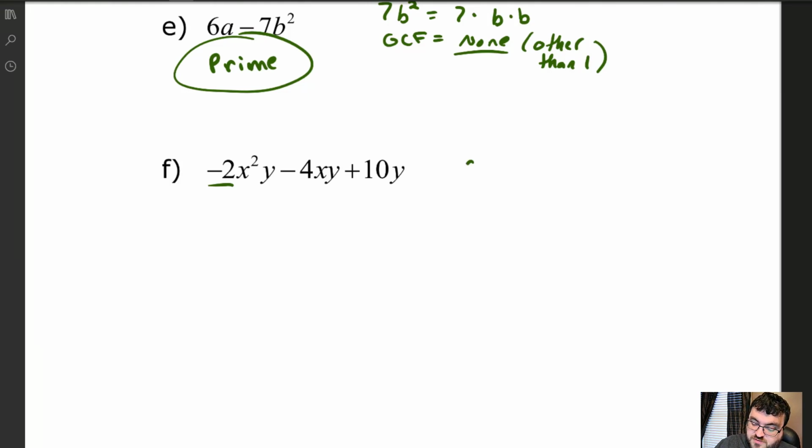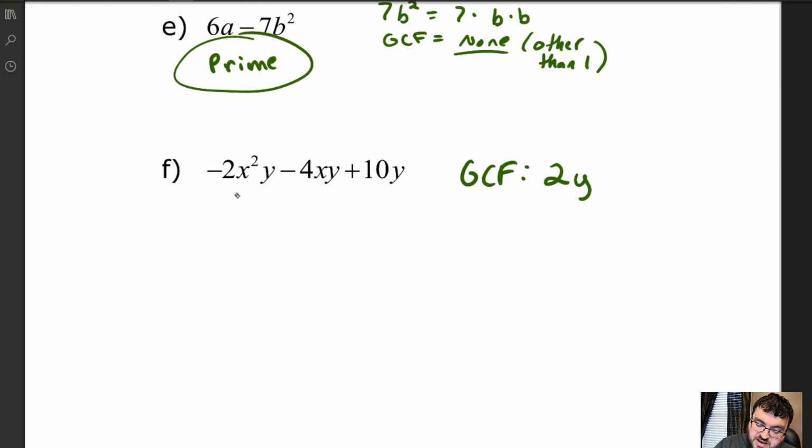So if we let the GCF be positive 2, because 2 goes into 2, 4, and 10 all. As far as x's go, there is no x in common in the third term, 10y, but there is a y in common with everything. So I can say, let's let the GCF be 2y.